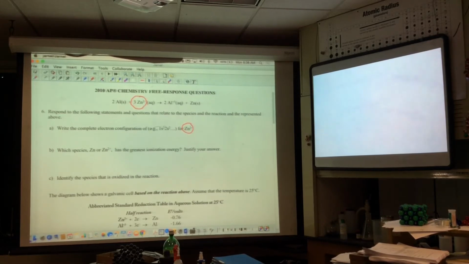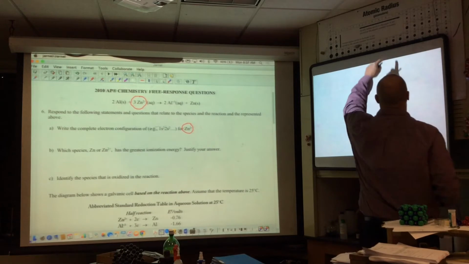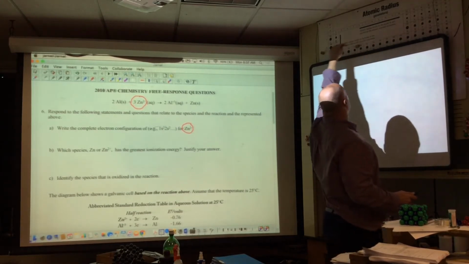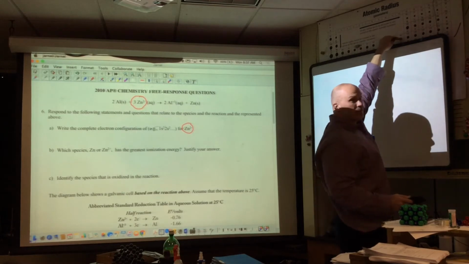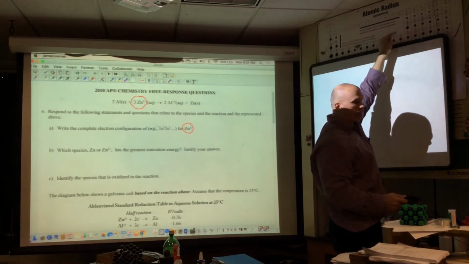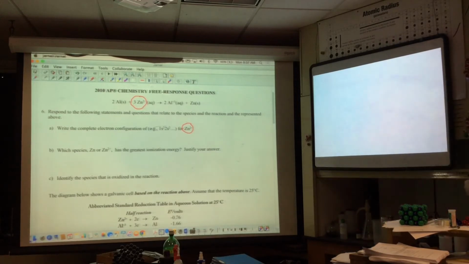So we know zinc is all the way over, and you would use your reference table, it's right here. So we know we're going to end up in the 4th energy level, but we're in the D block, and this D block belongs to the 3, so this is 3d10. I don't know how much you remember, but if I go in order, of course it says complete, so you can't use, in this case, the shorthand method.